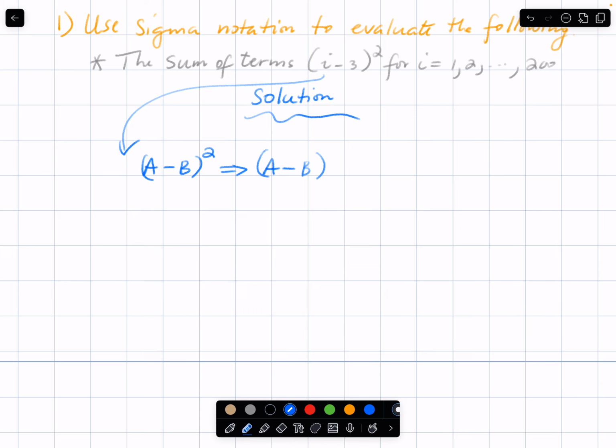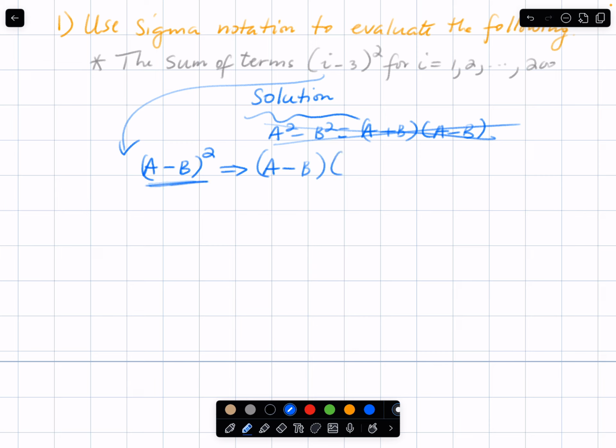If you don't remember what algebra says, you have to remember the difference of squares and other stuff. If this was a squared minus b squared, it would have been a plus b times a minus b, but we are not dealing with that, so we are dealing with two of these.